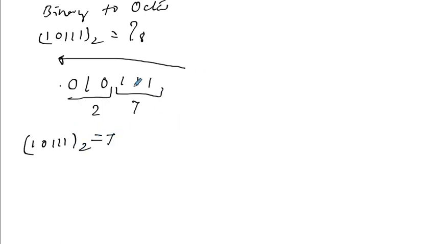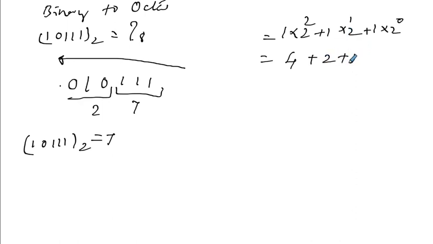Okay, how to convert this directly? How did I write that this is 7 and this is 2? Simply I did the calculation like this: 1 into 2 to the power 0, plus 1 into 2 to the power 1, plus 1 into 2 to the power 2. So 4 plus 2 plus 1, this is 7. Am I right?